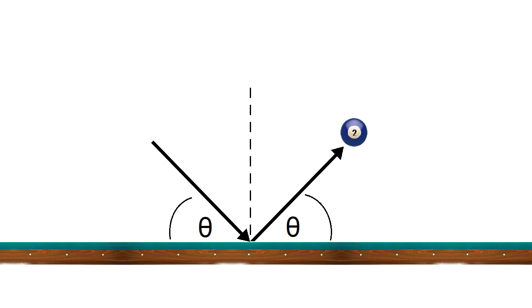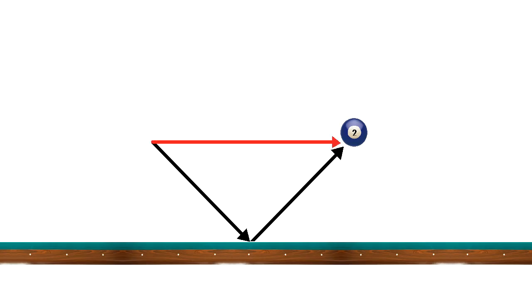Firstly, the outgoing reflecting vector has the same magnitude as the original incoming vector. The angle at which the vector approaches the wall is equal to the angle at which the vector ricochets off the wall. The sum of these two vectors is simply the sum of the y components of the vectors, and this comes as no surprise as the equal and opposite x component vectors will cancel each other out. And lastly, the sum of these vectors is parallel to the wall.